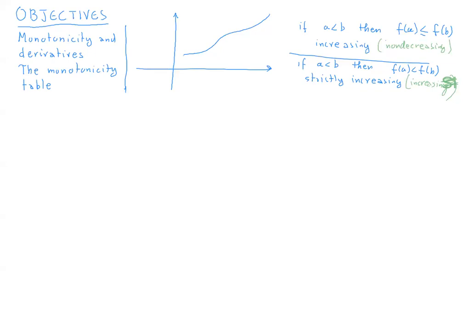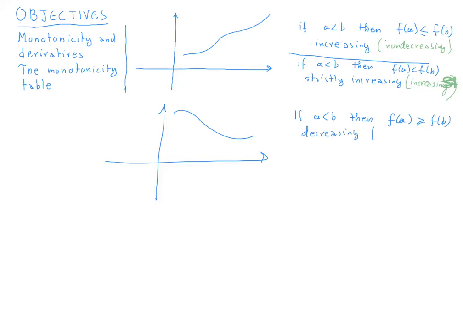When a function is going down, it's going to be called decreasing. So if a less than b, then f of a is greater than or equal to f of b, then it's going to be called decreasing.